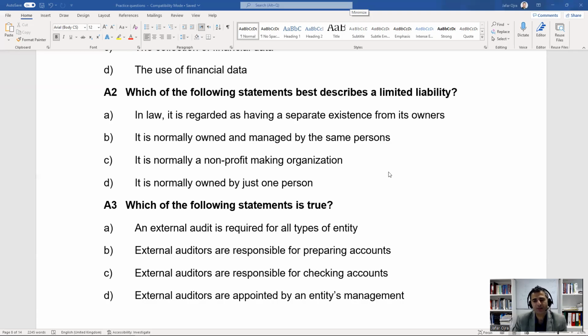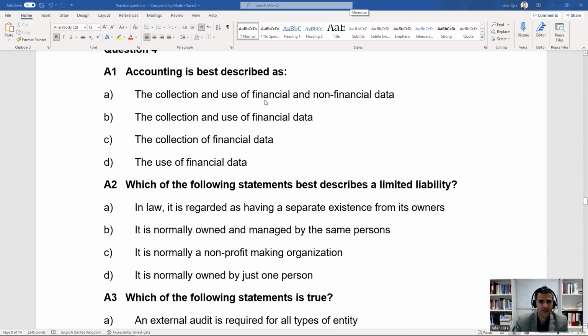But the good thing about limited liability is that you are separate from the company. If anything goes wrong with the business, you are protected. Your personal money is protected, because it does have a separate entity. Okay, so that's limited liability. So the answer for A2 is A, right? So this is A.